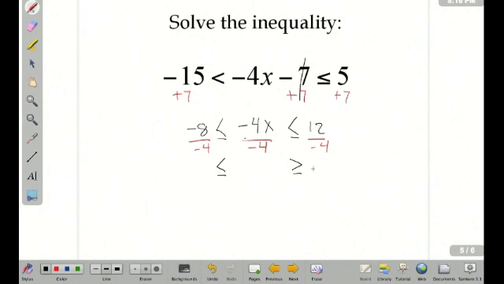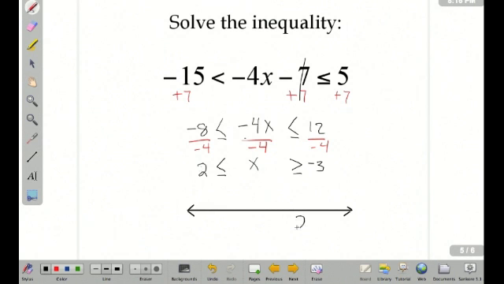12 divided by a negative 4 is a negative 3, and negative 8 divided by negative 4 is a positive 2. And we're left with x on the inside. Again, if I'm going to graph these on my number line, my numbers that I'm dealing with are 2 and negative 3.